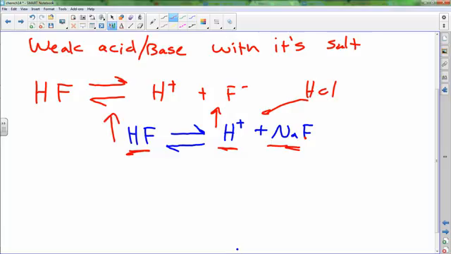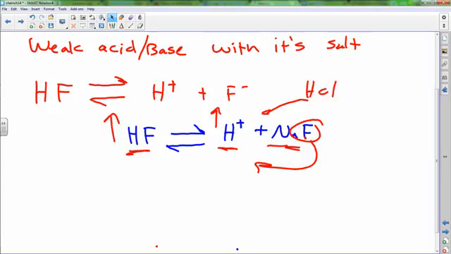And so because some of those extra H plus ions are going to be taken out of solution by the extra fluorine that will be released by the sodium fluoride, some of these will break away and form up with the H plus ions. That means the pH of this is not going to change as much as if you just put HCl into water. It's taking some of those hydrogen ions out of solution, and so the pH doesn't change as much as it could. And that's the whole point of a buffer.